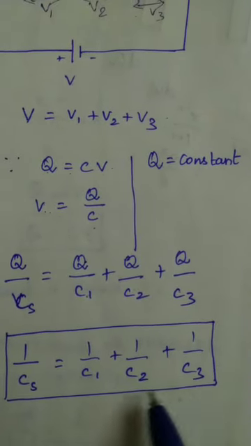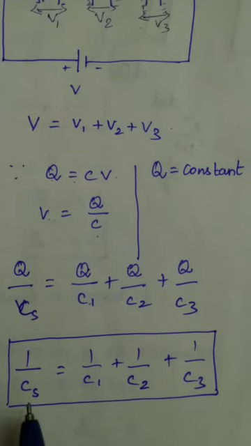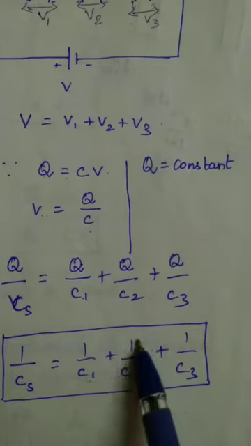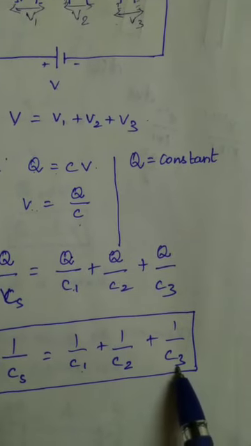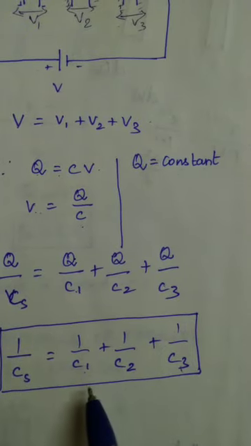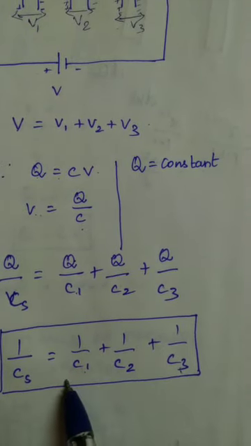The capacitance of capacitors in series is 1 by Cs equals 1 by C1 plus 1 by C2 plus 1 by C3.